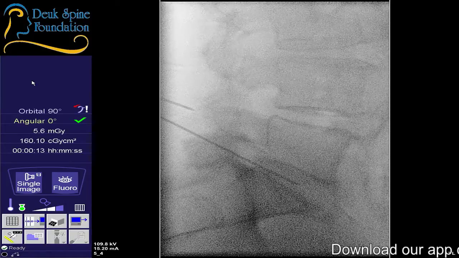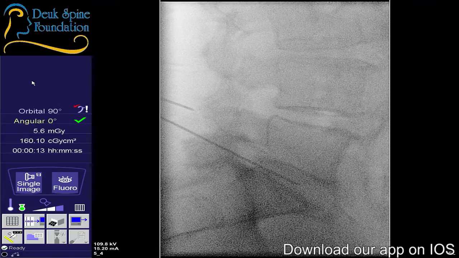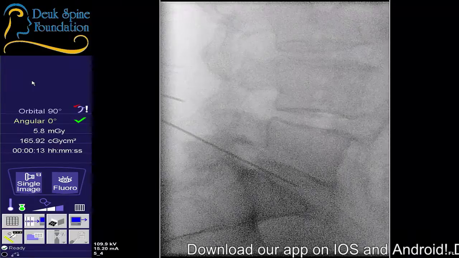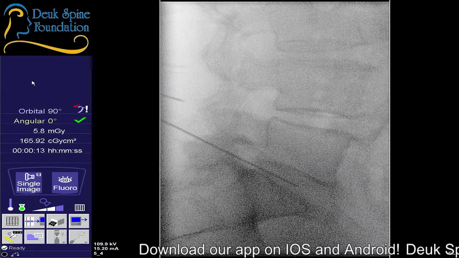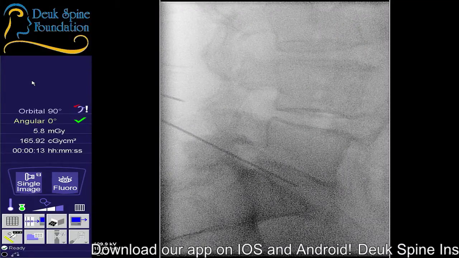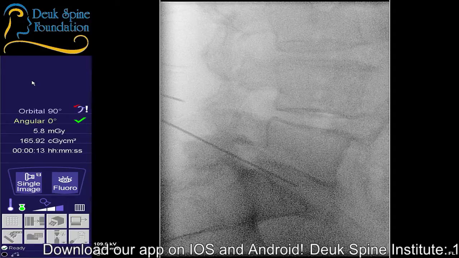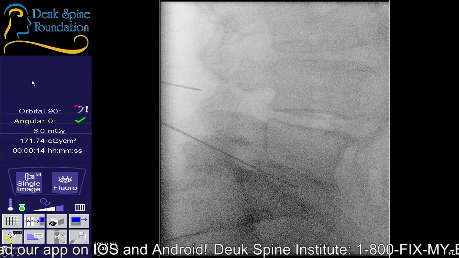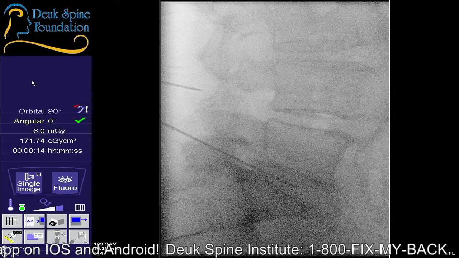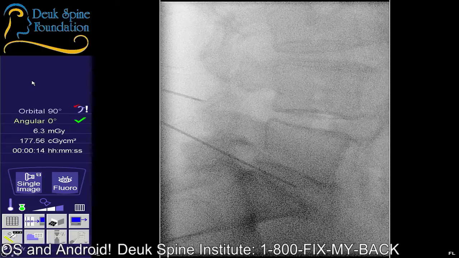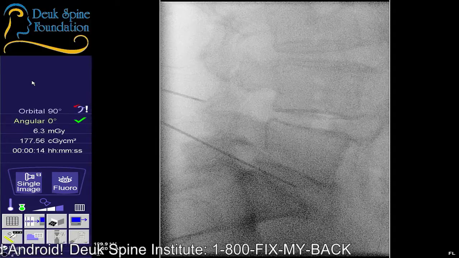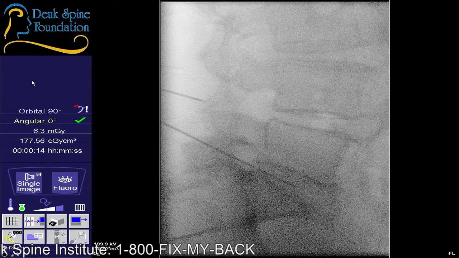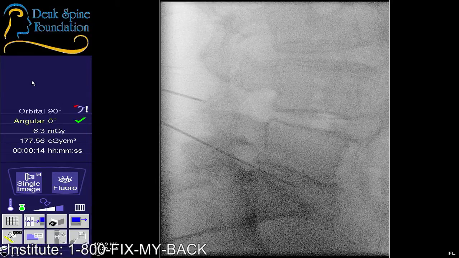Should be getting close. It's a little too high. Now this patient has really nice wide neuroforamen.